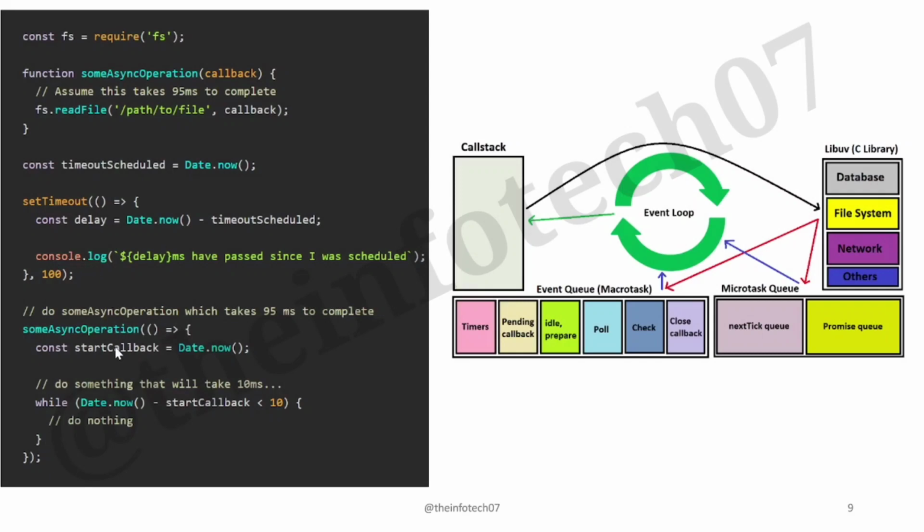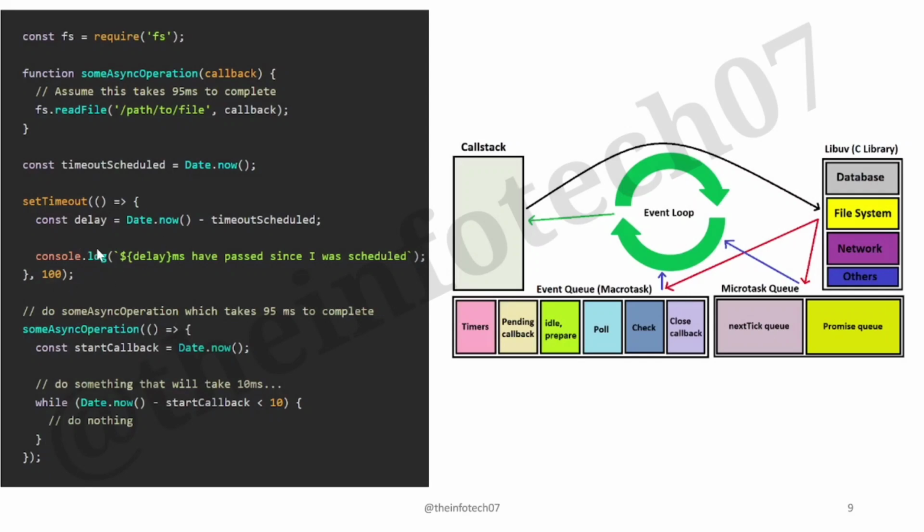After 95 milliseconds this callback is called, and it takes 10 more milliseconds to execute this loop. So it takes 105 milliseconds to complete this function, and the timeout callback will get a chance after 105 milliseconds, not 100.